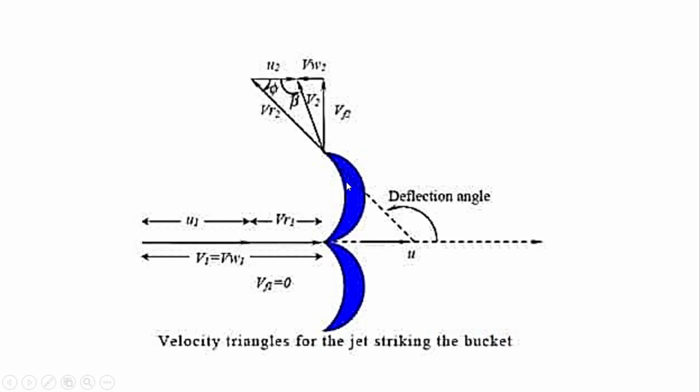Since the reference changes from the inertial frame to the moving part, the leaving velocity will be the relative velocity in this case. The relative velocity is VR2, as I am showing you with the arrow, and U2 is the velocity of the bucket. Subtracting gives you VW2, and the velocity of flow VF2 is always perpendicular to it.